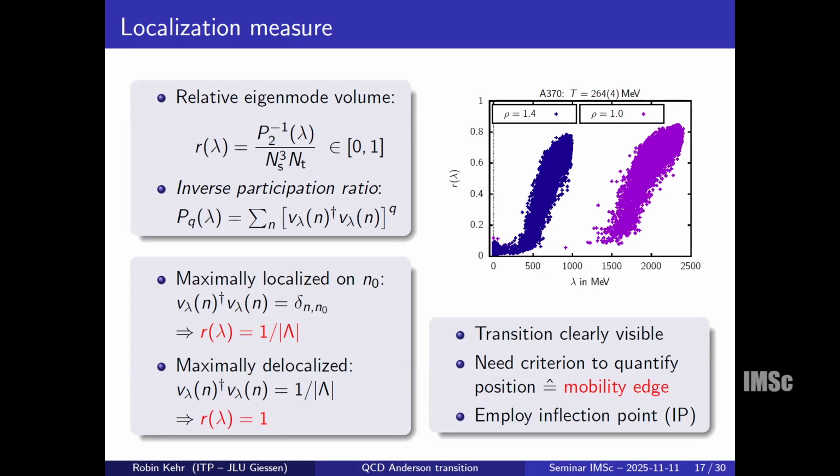Here we get way more localized modes, whereas there basically no mode is really localized, so we don't really get to 0. So it seems to be a good choice. Then you clearly see some transitions: the low-lying modes are localized and the higher ones delocalized. So we need some criterion to quantify the transition, and it's natural to employ the inflection point. Yeah. What is this parameter?